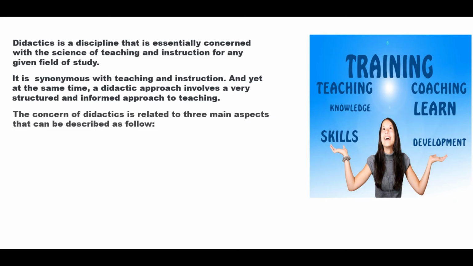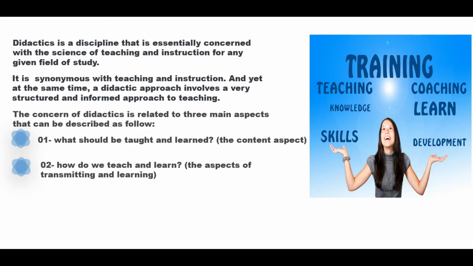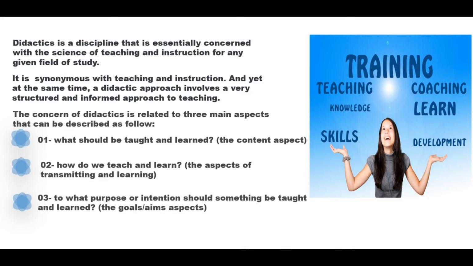It is synonymous with teaching and instruction, and yet, at the same time, a didactic approach involves a very structured and informed approach to teaching. The concern of didactics is related to three main aspects that can be described as follows. What should be taught and learned, the content aspect. How do we teach and learn, the aspects of transmitting and learning. To what purpose or intention should something be taught and learned, aims aspect.